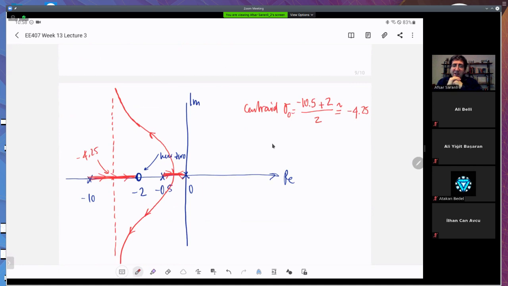If you keep increasing the gain, you will have larger and larger overshoot and faster oscillations. So we may not want to increase the gain indefinitely, but at least we are on the stable side, and we can play around with the gain to maybe achieve a desirable region.